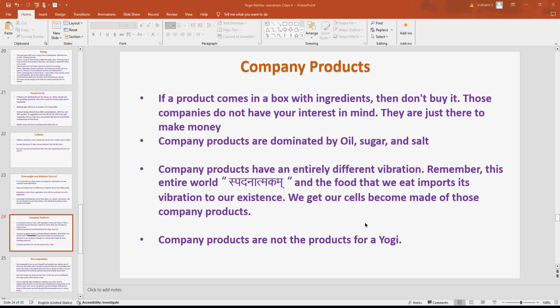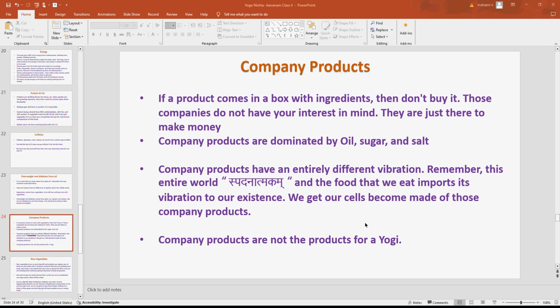The entire world is spandanatmak, and the food that we eat is also spandanatmak. The food that we eat also has a vibration to its existence. So the cells in our body are all made of the food that we eat.